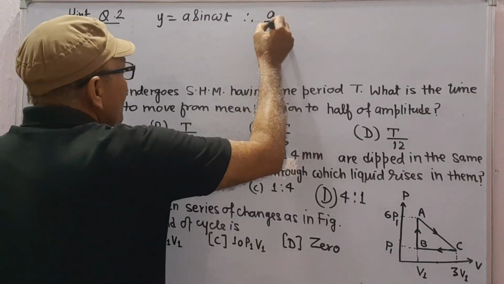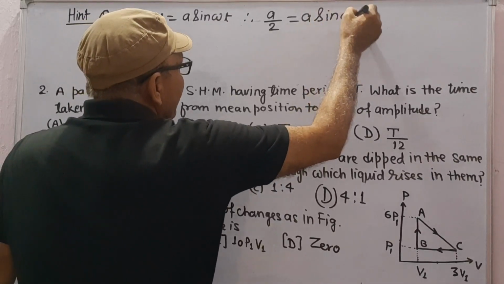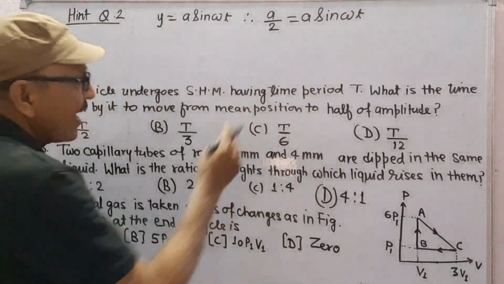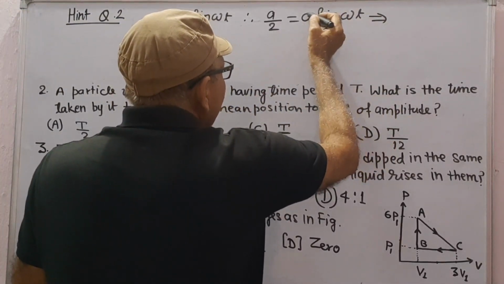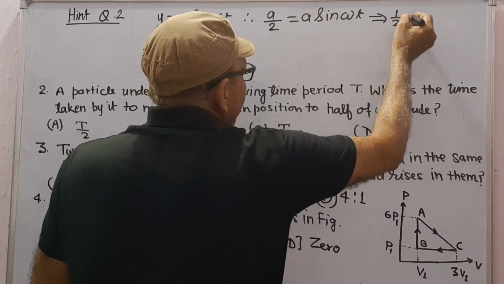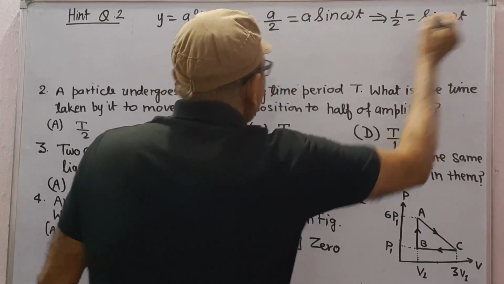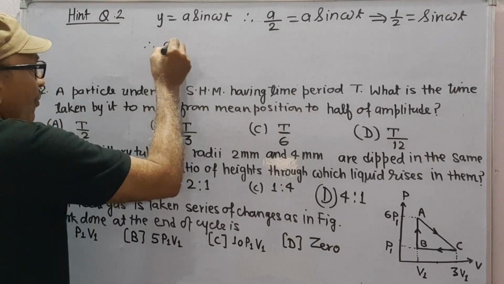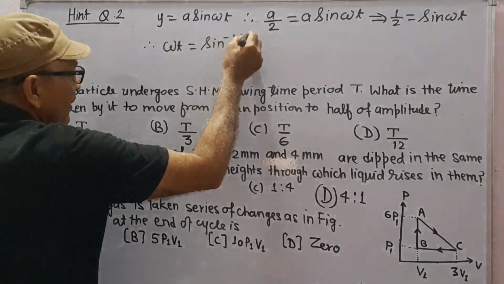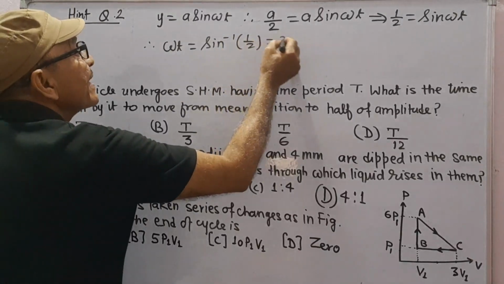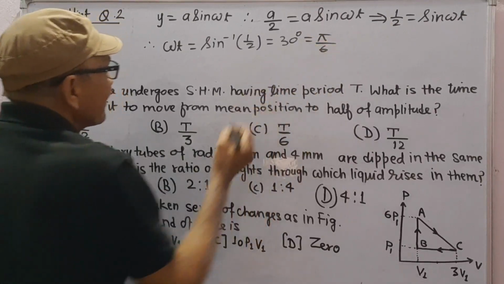a by 2 will be equal to a sin omega t for half amplitude, which gives a cancels out, 1 by 2 is equal to sin omega t. Therefore, omega t will be equal to sin inverse of 1 by 2, which is 30 degree, which is pi by 6 radian.